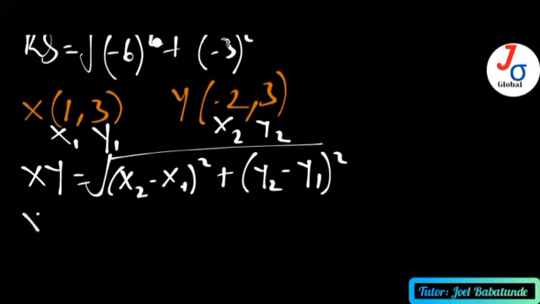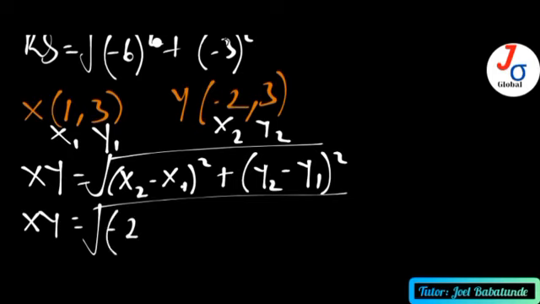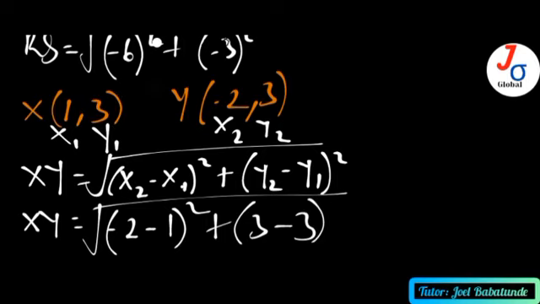And so we have XY equals square root of x2, minus 2, minus x1, 1, squared, plus y2, 3, minus y1, 3, squared. And so XY becomes square root of minus 2 minus 1 is minus 3 squared.